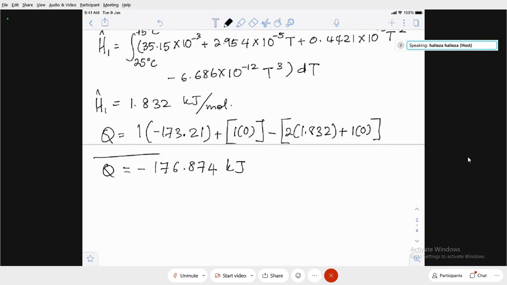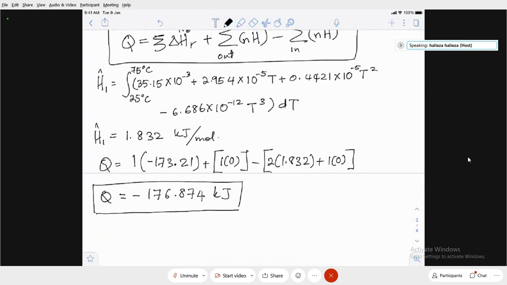That's the final value for the heat that's going to be released from your process unit, minus 176.874. Okay, anybody getting a different answer?